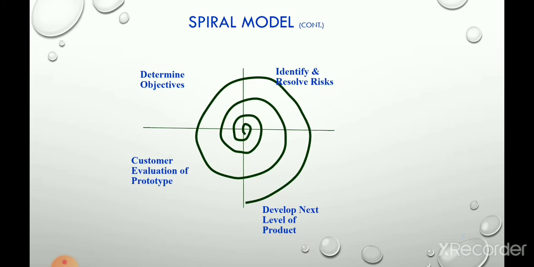In the next quadrant, they evaluate each alternative solution, the best solution is taken, and they find the risk associated with it and resolve the risk. After resolving the risk, a prototype is built for the best solution. Means in the second quadrant, the developer builds the prototype.